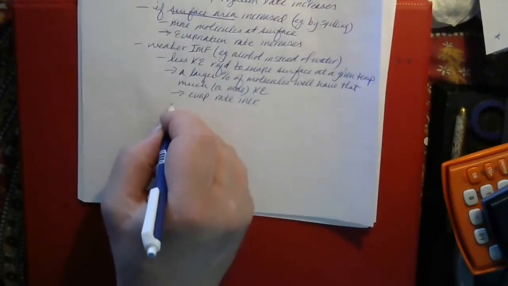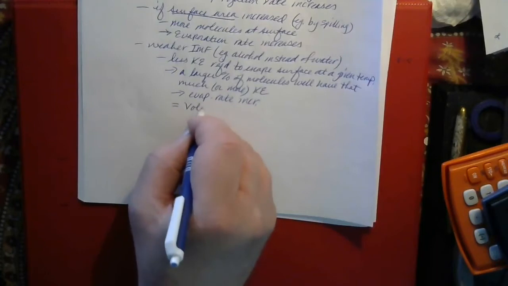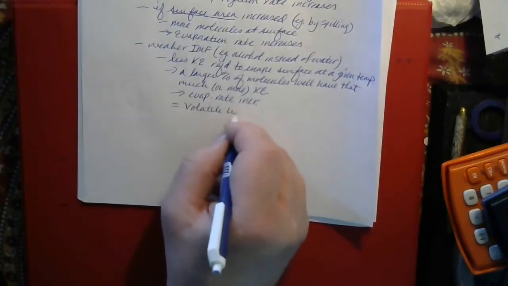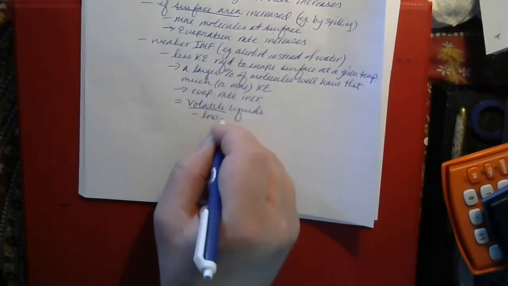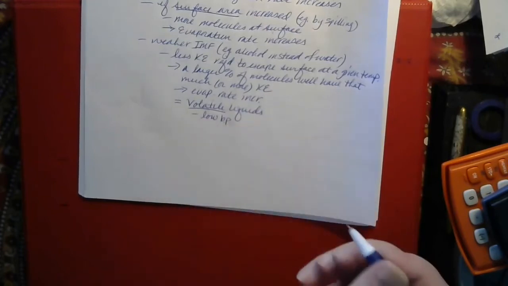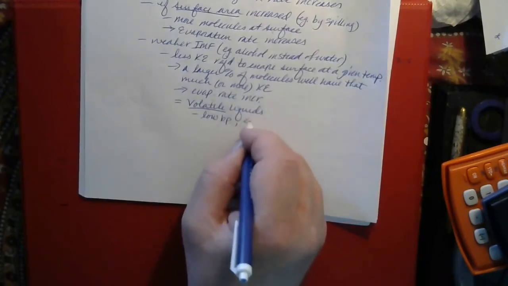And these are known as volatile liquids. Volatile liquids just means relatively low boiling point. They evaporate quickly.